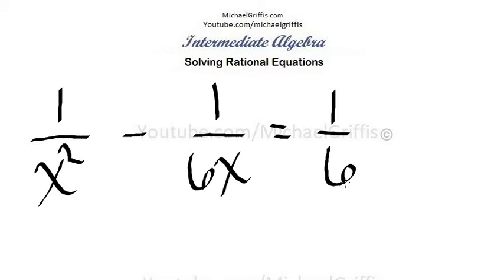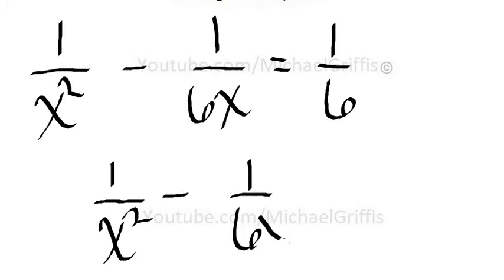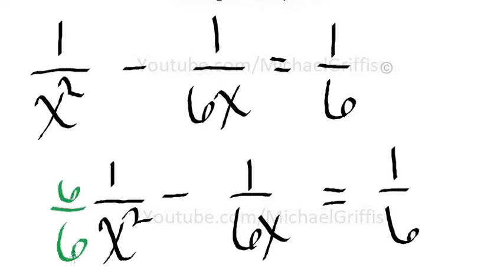Seems like I've worked this problem already. Maybe I haven't. Let me rewrite this. So first thing we're going to do is, what are we going to use? How about a different color? We're going to write 6 over 6 over here, and then an x over x.